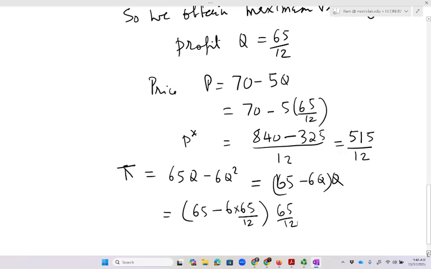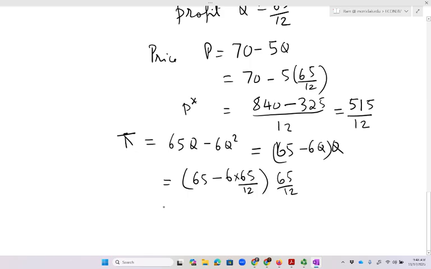So we have Q again, and so the term in the parenthesis turns out to be, I can cancel out 6 from the numerator and the denominator. I get 65 minus 65 over 2. This second term is the quantity.